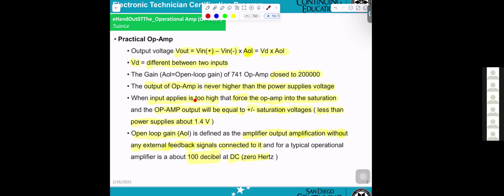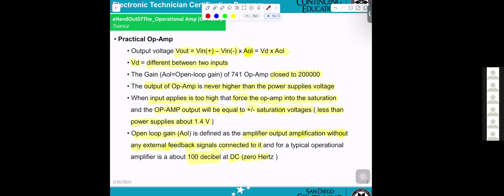When the input applied is too high, that forces the op amp into saturation. That will be telling you one thing. If you're working with the op amp using a power supply of plus 15 volts and minus 15 volts, basically they don't care what the gain equals.